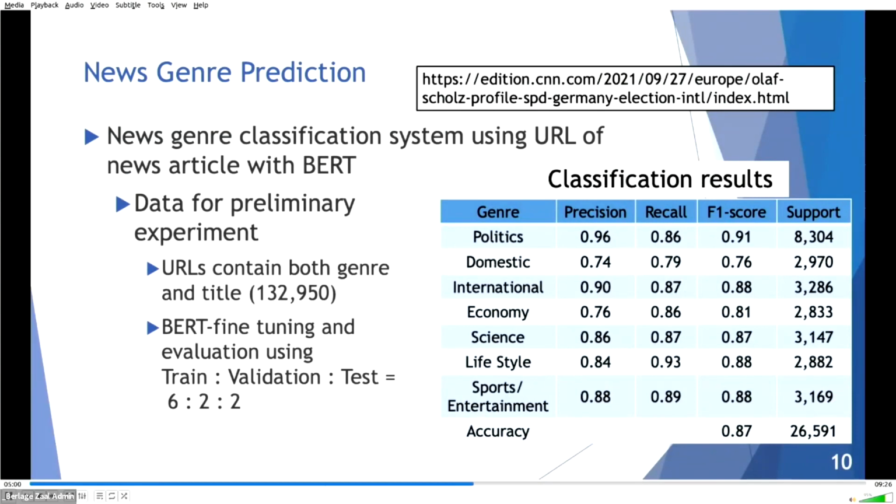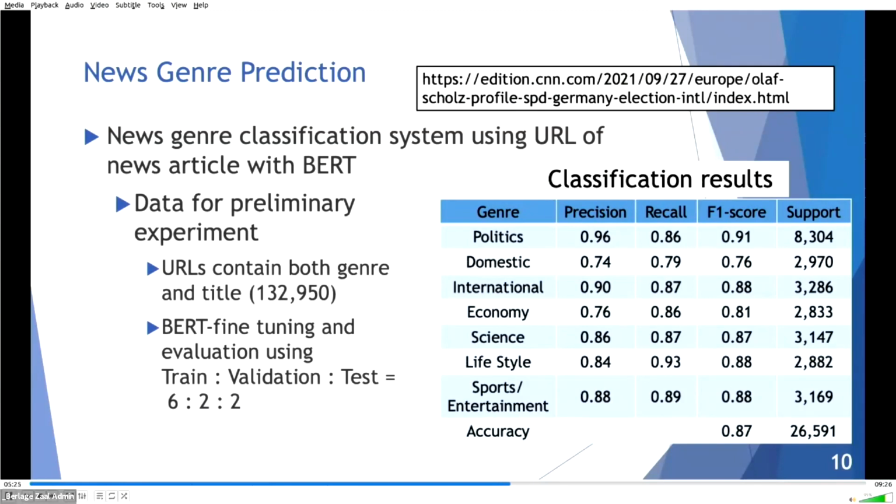However, there are news sites that do not have such categories. We implement a news genre classification system using BERT. Since GDELT data do not contain the contents, we use the URL for genre estimation. Since most URLs contain title and genre information, we use the URL as target data for news genre prediction.